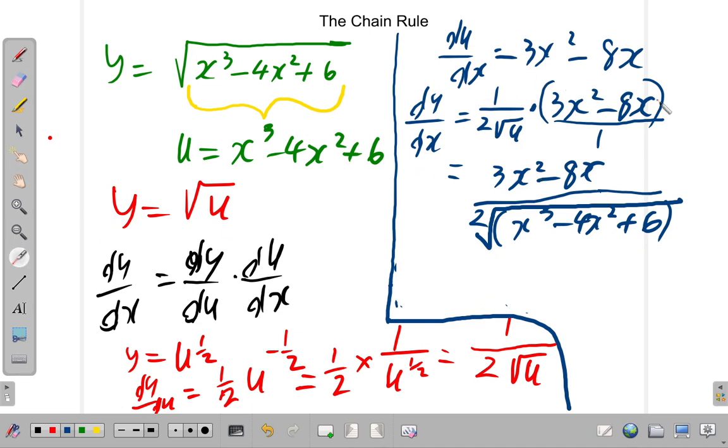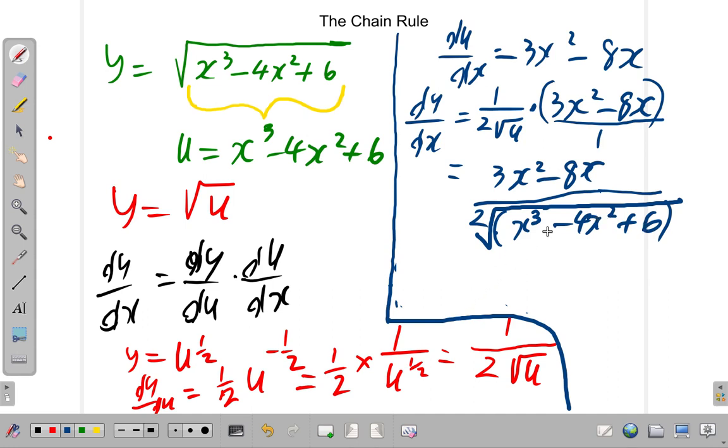Alright, so 3x squared minus 8x up top over 2 square root of u. But u is x cubed minus 4x squared plus 6. Let me rewrite the cube under here so you can see it a bit better. So this is x cubed minus 4x squared plus 6.